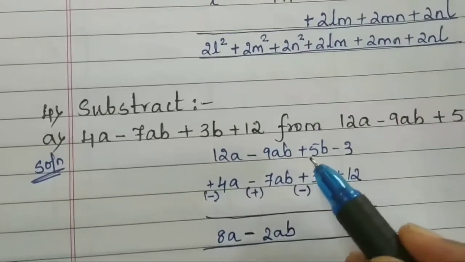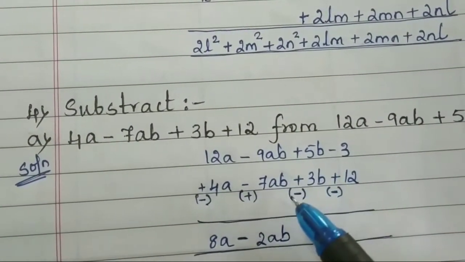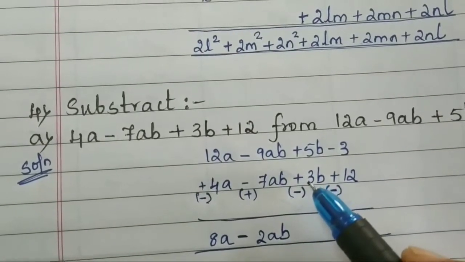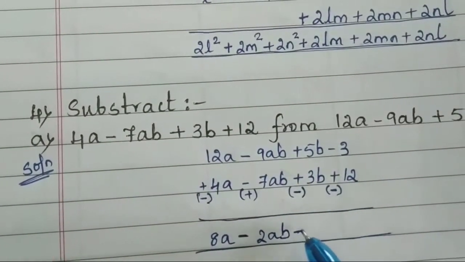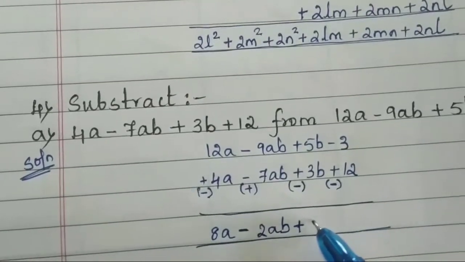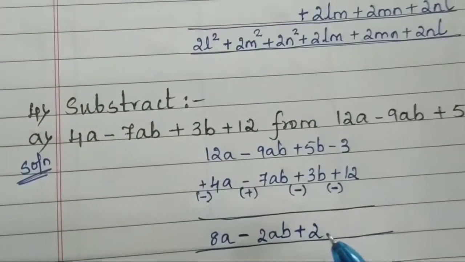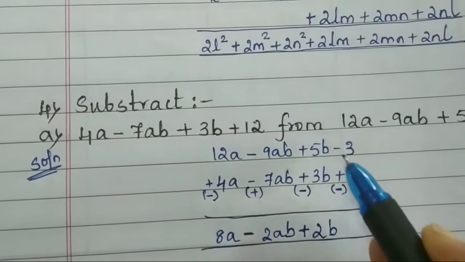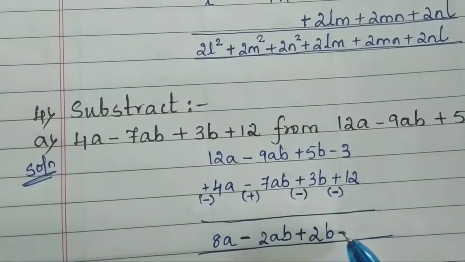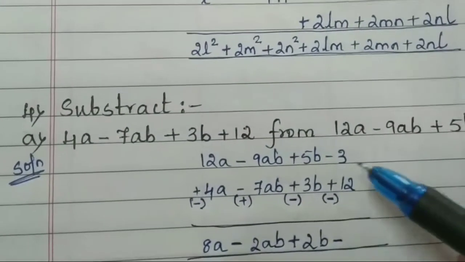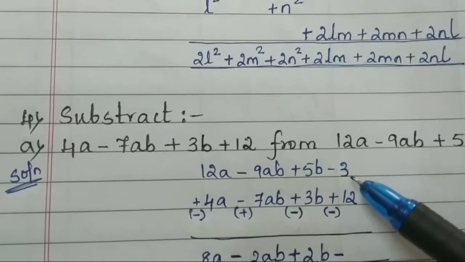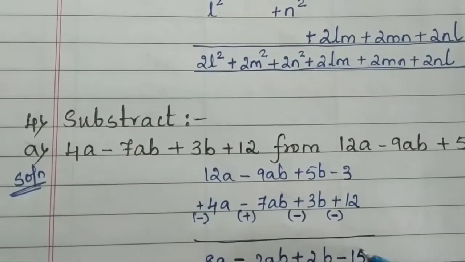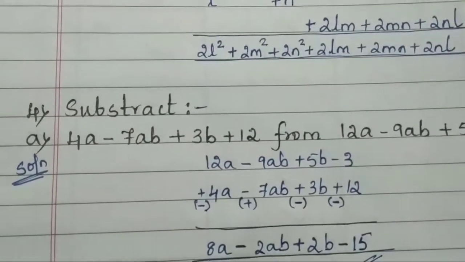Then similarly here plus 5b minus 3b. Plus 5, greater number sign we have taken, and we have subtracted 5 minus 3, we are left with 2b. Here minus minus, we have to keep minus as it is, and we have to add this. 12 plus 3 is nothing but 15. So this is our answer.